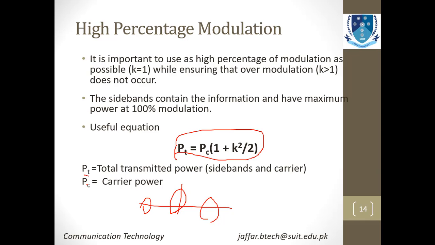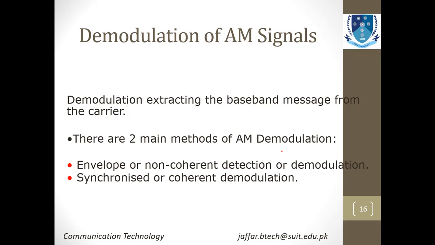So PT is the total power consumed, or you can say the transmitted power for the transmission of all these things, and PC is just the carrier power. So PC is the carrier power and PT is the total power of the sidebands as well as the carrier. Remember this formula. This will be used in the coming lecture for the numerical portion of the AM or amplitude modulation.